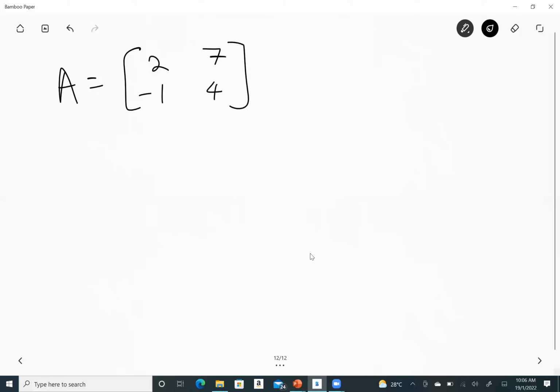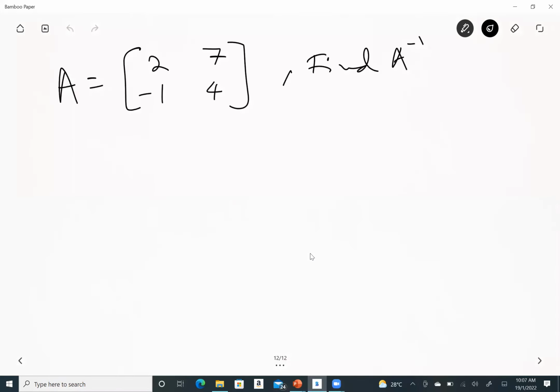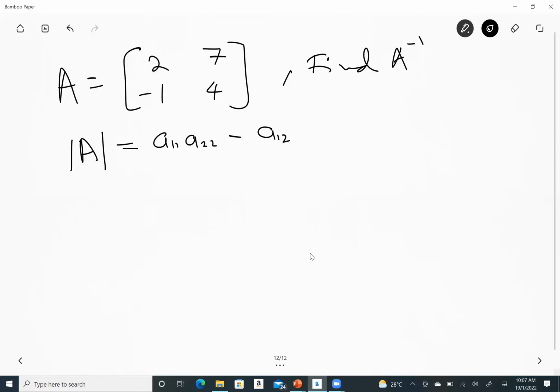Suppose that is the matrix A. Now find the inverse of A. We know the inverse of A is 1 over the determinant of A multiplied by that adjusted A matrix. So what you do first is get the determinant of A. The determinant of A, as we know, is A11 A22 minus A12 A21.